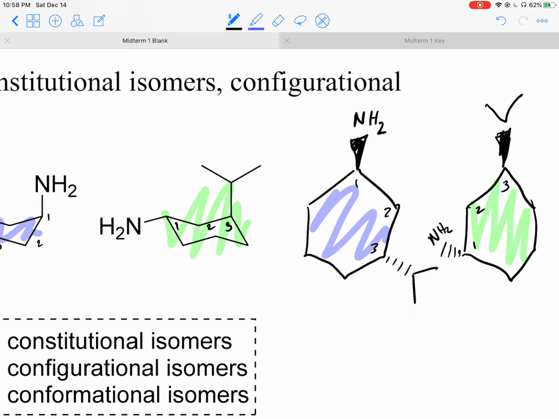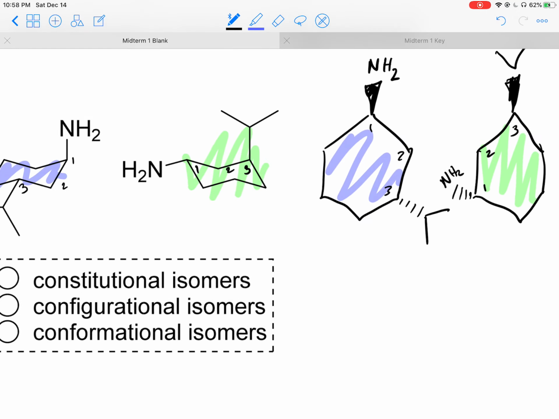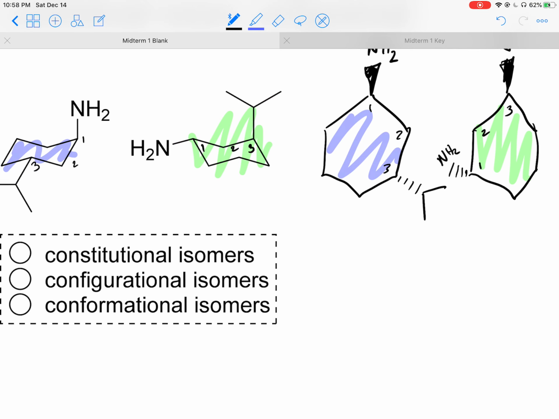Let's flip this green one over this way and then rotate it so that number 1 is where number 1 is. Or actually, we don't need to flip it.